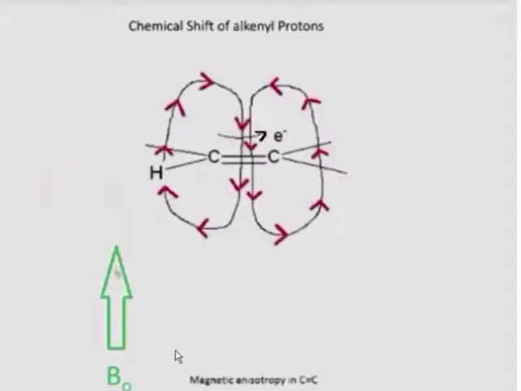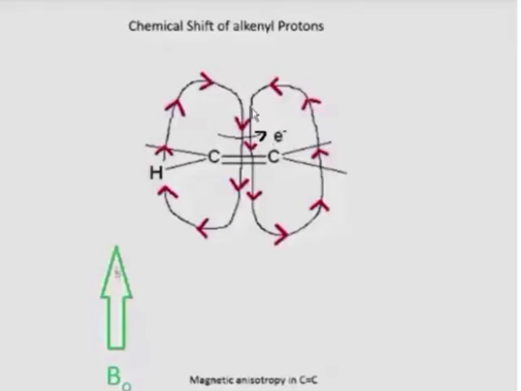Alright, let's examine the chemical shift of alkenyl protons. The diagram we're going to see here is actually similar to what we saw before. The external magnetic field will cause the electrons of the pi bond to circulate round and round in the direction indicated here.